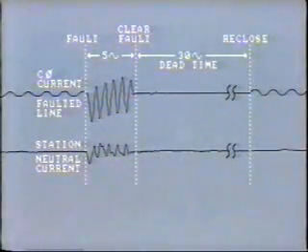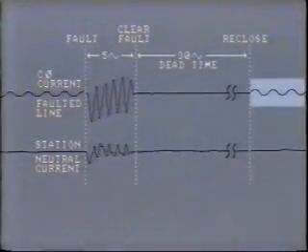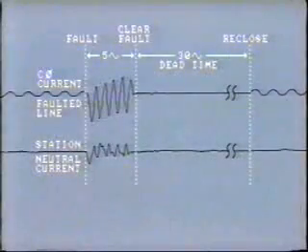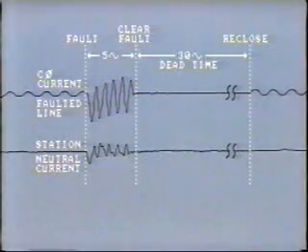So when the breaker reclosed, it did not trip out again. You can see from the trace that breaker number 1 has successfully reclosed. So far, the line protection has operated exactly as we would expect.